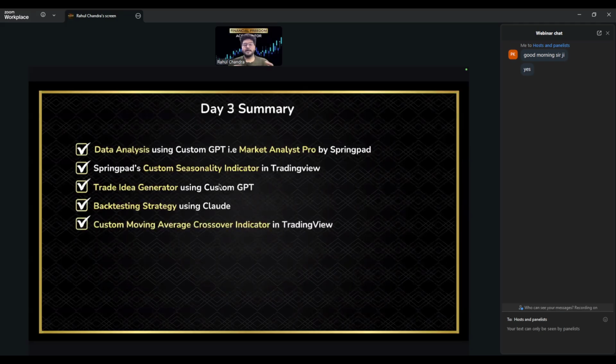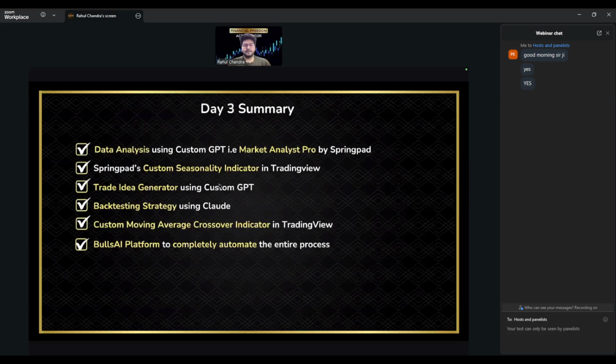Then we learned how to use the moving average crossover indicator in TradingView. And last but not the least, we saw how you could leverage the Bulls AI platform to completely automate the entire trading process. Can I have a big yes if that was the entire breadth of everything that we have learned yesterday? Yes, and we will be building on that. We'll see how you can smartly use AI in investing as well, and not just regular investing, but also in small and mid cap space.